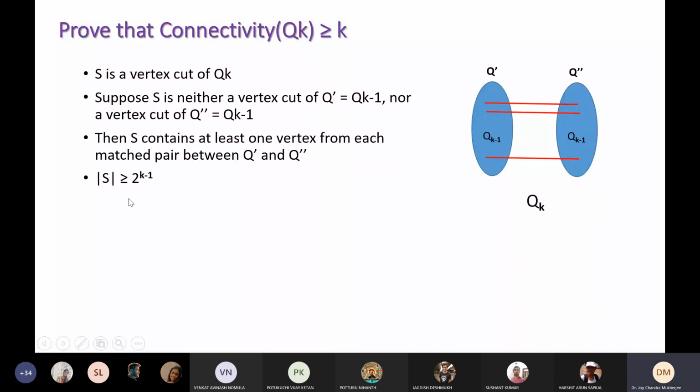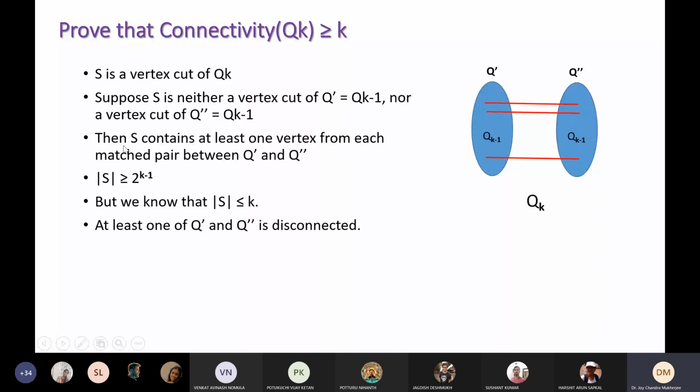But we have already proven that the size of S is less than or equal to k. So if the size of S is at most k, it cannot be greater than or equal to 2 to the k minus 1. This means that S is a vertex cut of Qk, but it also acts as a vertex cut for at least Q prime or Q double prime.